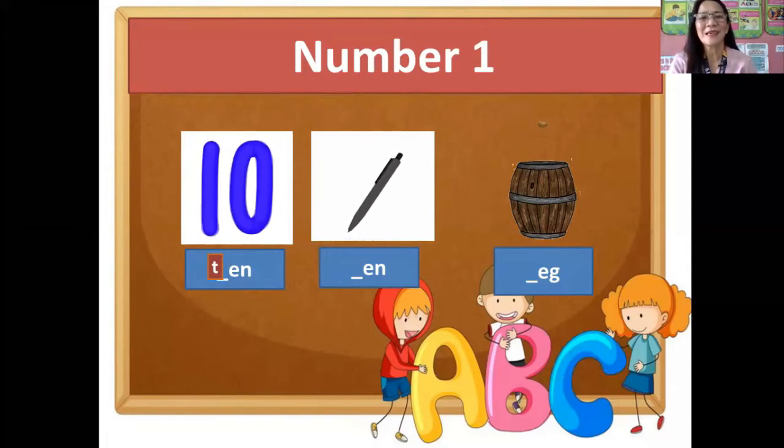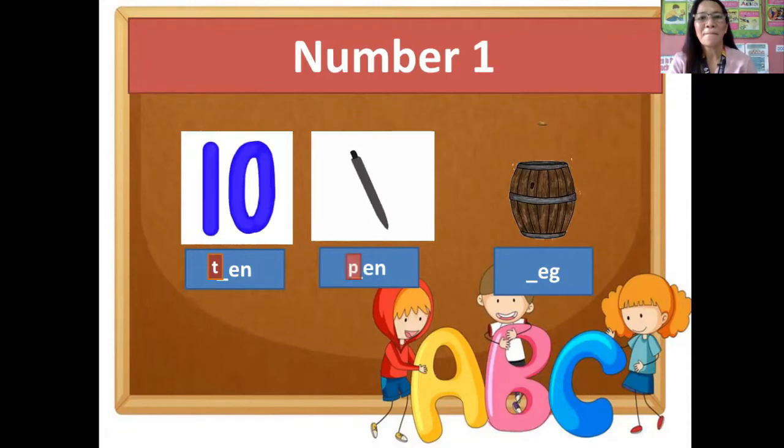Next is pen. The initial letter is P. Next is a keg. The initial letter is K.